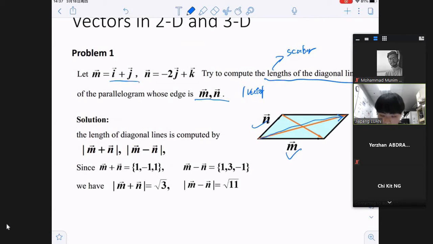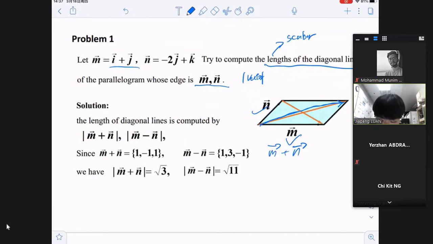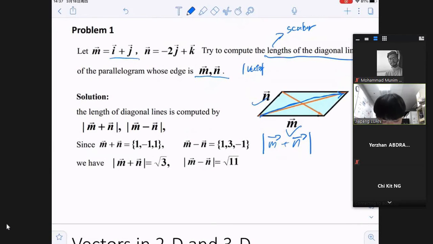So it's actually M plus N. So this is the vector of this diagonal line, and the magnitude of it is actually you take the norm, right? So then this is your answer.